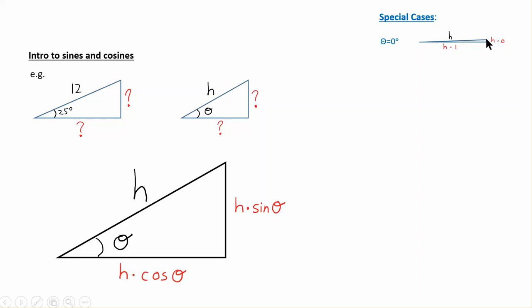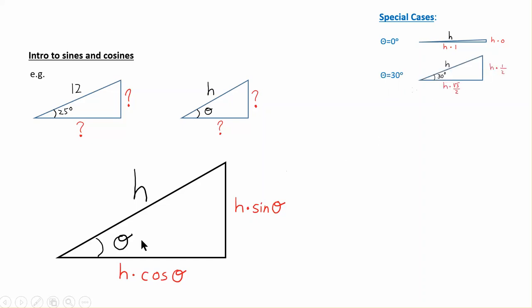And the length of this vertical segment is shrunk down to 0 if the angle theta is 0. So in that case, when theta is 0, cosine of theta must equal 1 in order that the length of this side is equal to the length of the hypotenuse. And sine of theta, when theta is 0, must be 0 in order that this length becomes 0.